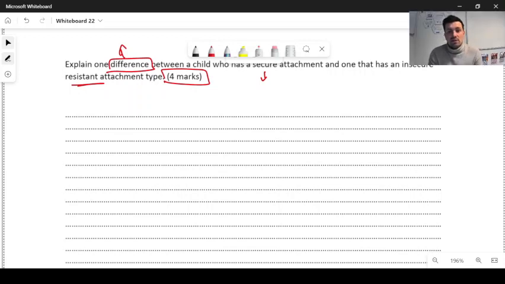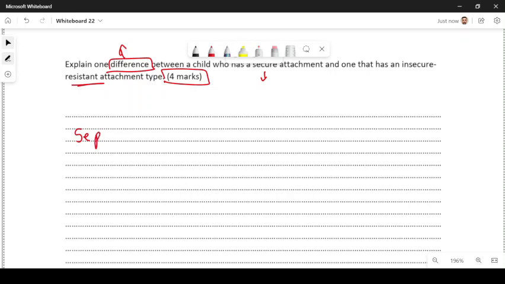Okay, so this type of question, as I said, the key word with the difference is whereas. You could use others, I would just encourage to use whereas. As we look into this, again, I'm doing it in simplified format, but I might talk about separation anxiety for my first part.